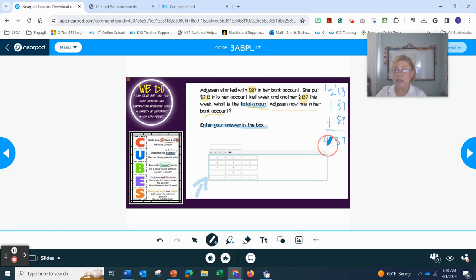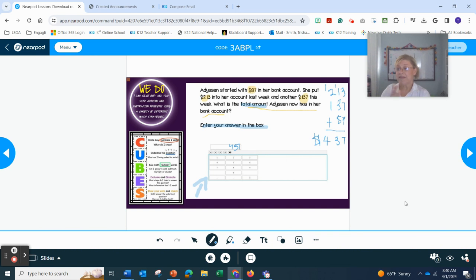So what is the total amount that Addison has in her bank account? She has $437. So we have to enter that amount in the box. Now, for this answer choice, you're just going to write it. 437.